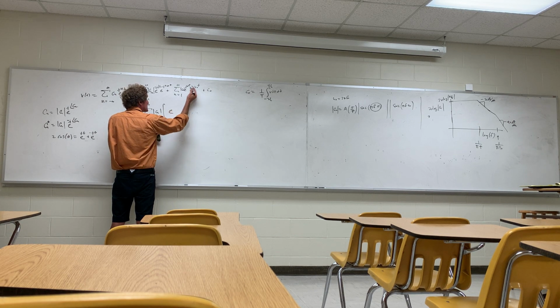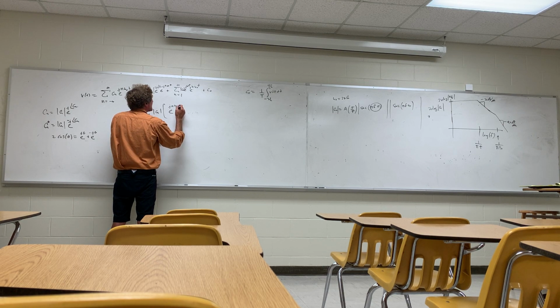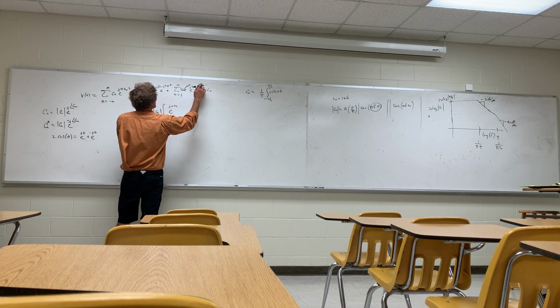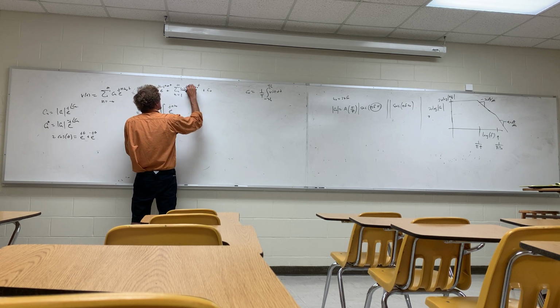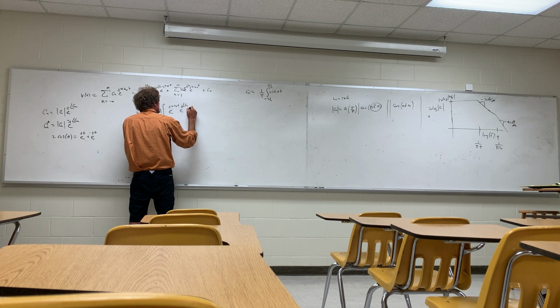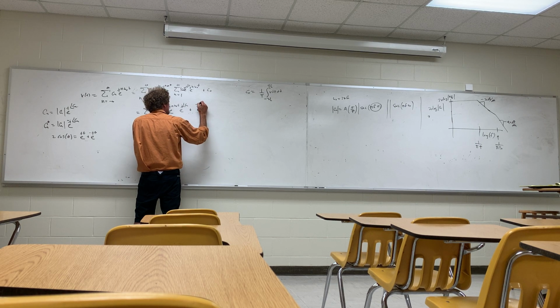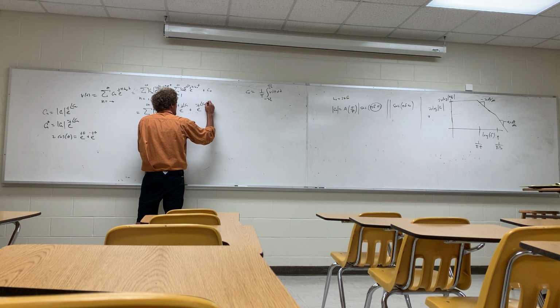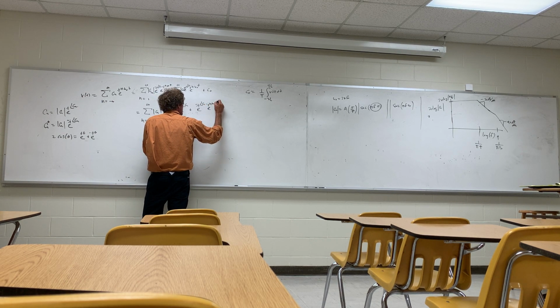I have e to the plus j n omega naught t plus the phase angle, plus e to the minus j angle of C of n times e to the minus j n omega naught t.